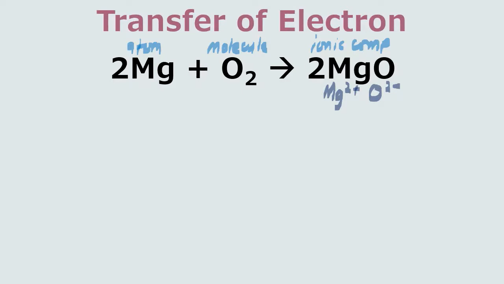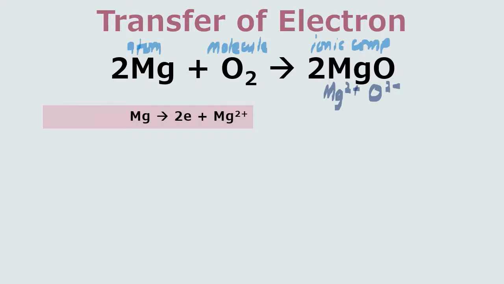Note that when the type of particles of a substance changes, like in these reactions, magnesium atom changes to magnesium ions, while oxygen molecule changes to oxide ion, there must be a transfer of electrons.